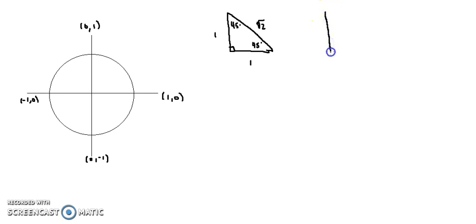And then we've also got our 30, 60, 90, which kind of looks like this. So 30, 60, 90. And for that one, let's see, make sure I get this right. Okay, so the short side would be 1/2.